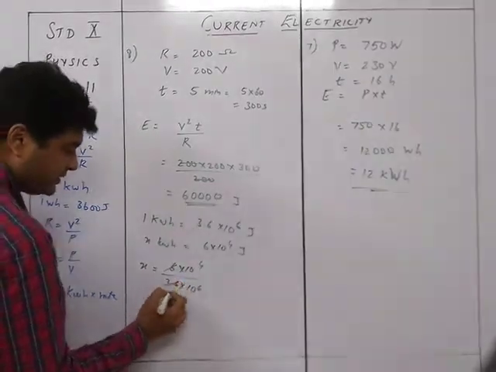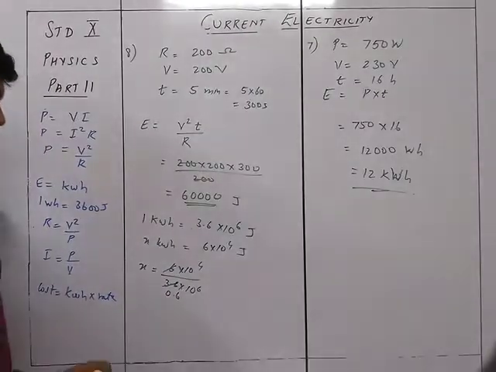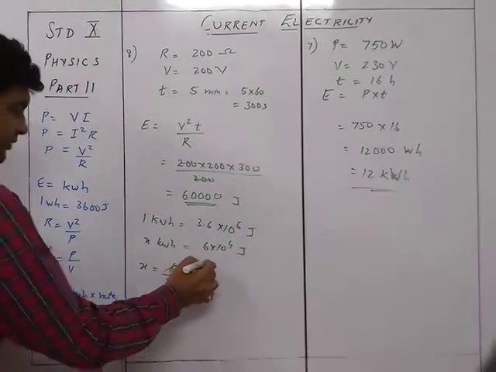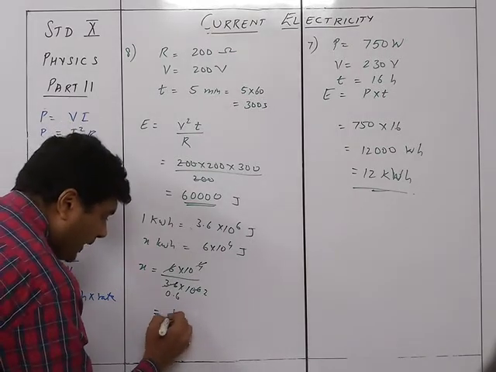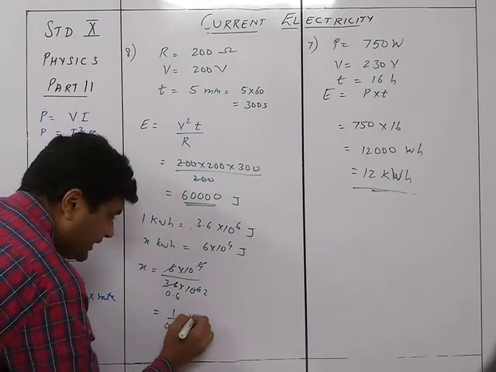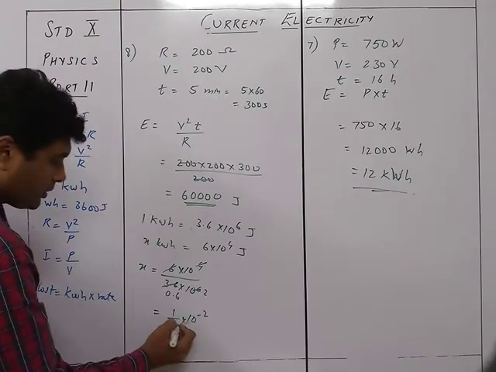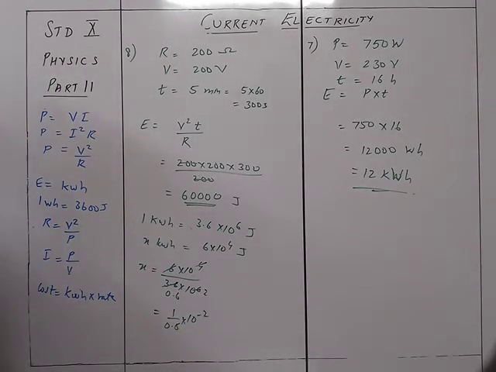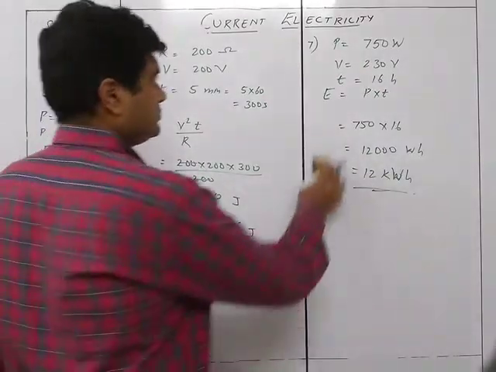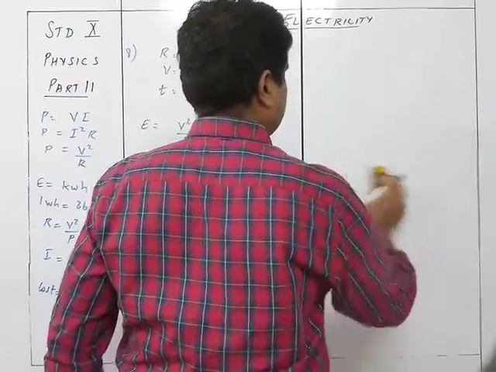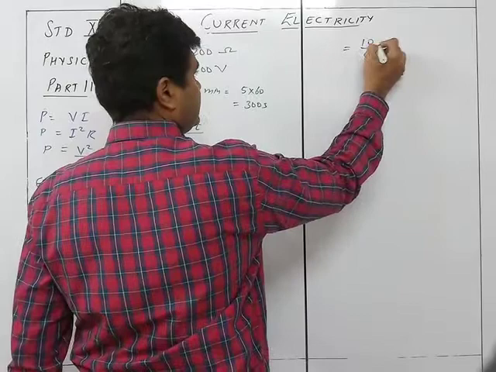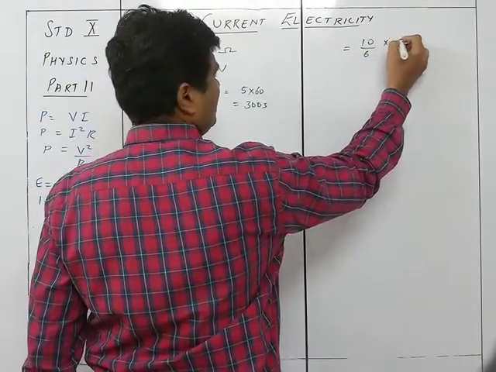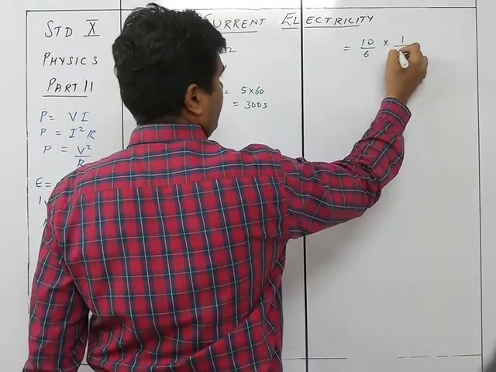So 6 sixes are 36, so 0.6, and the 10 raised to 4 will cancel, leaving 2. So it is 1 upon 0.6 into 10 raised to minus 2. So 10 upon 6 into 1 upon 100.